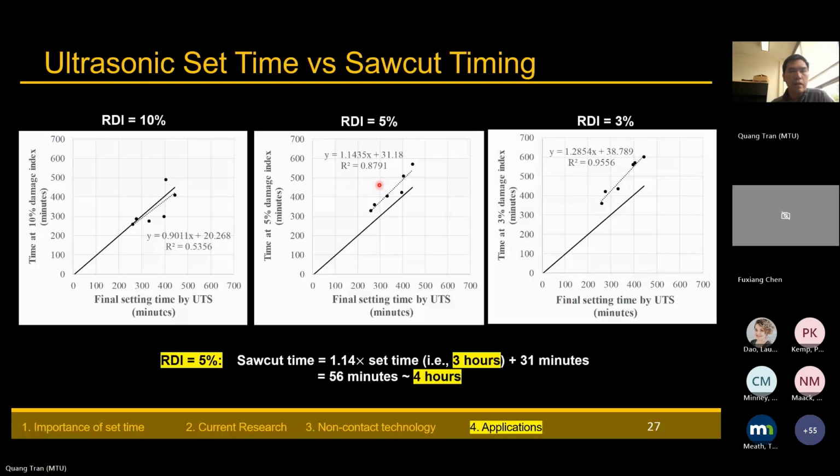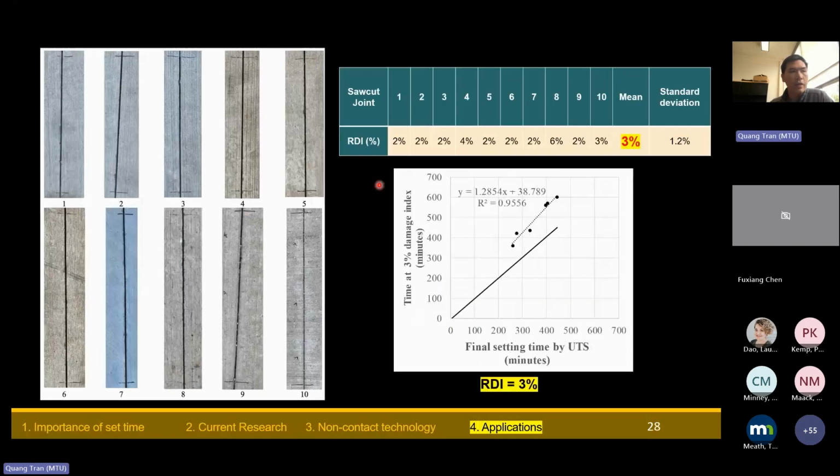So one thing that I did is that I conducted a survey on 10 different joints in order to find the acceptable raveling index using the same technologies that I developed in the lab.